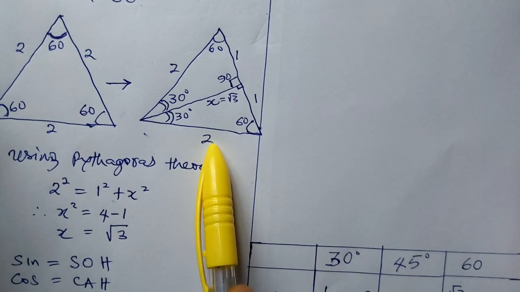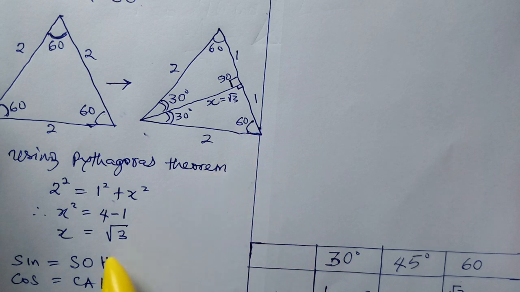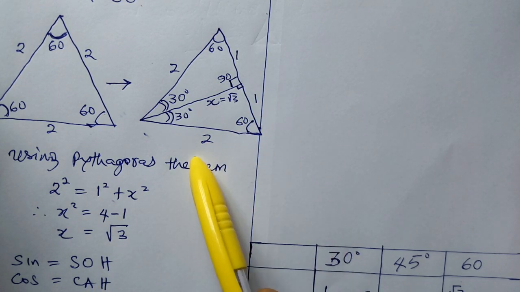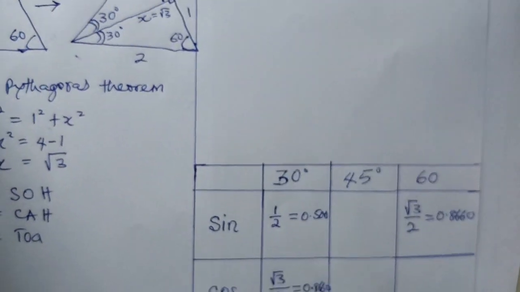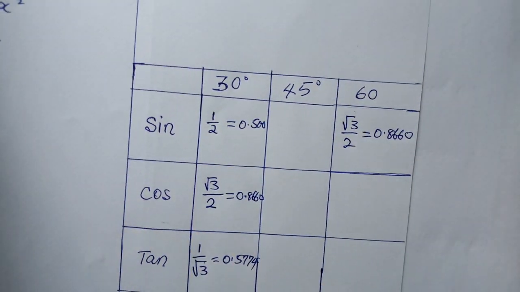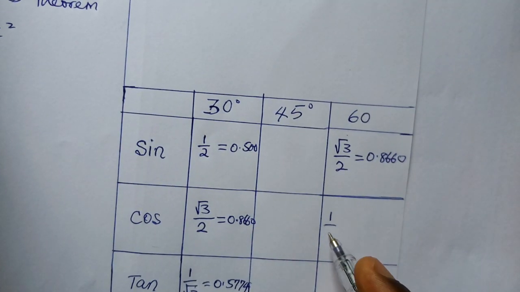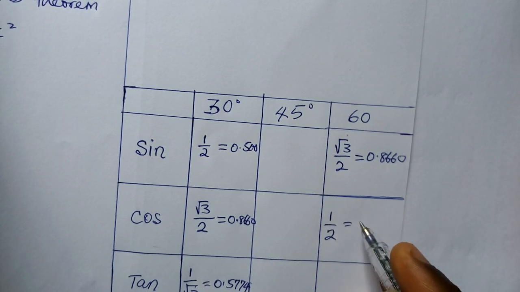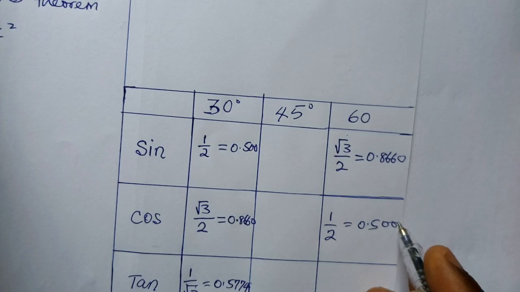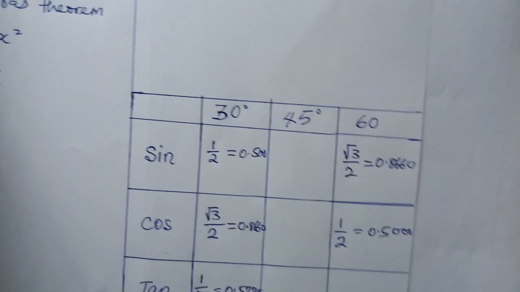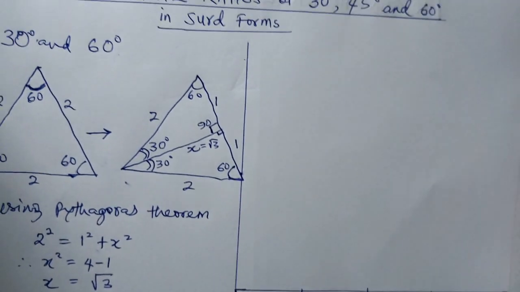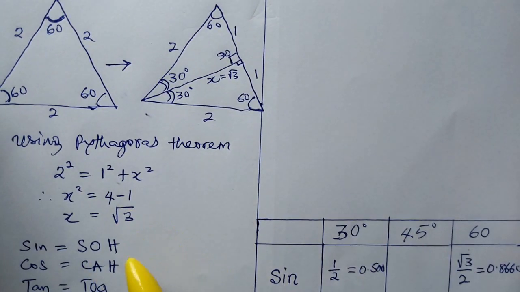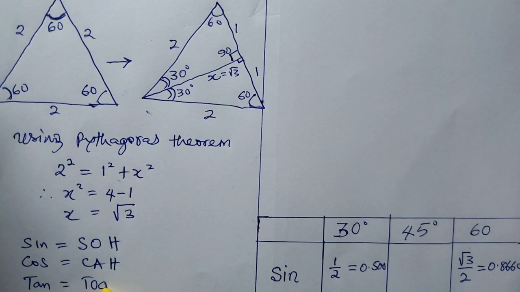Okay, from here also cos is adjacent over hypotenuse, which is 1 over 2. So which is 0.5000 if you like. Then also tan 60 is opposite over adjacent.